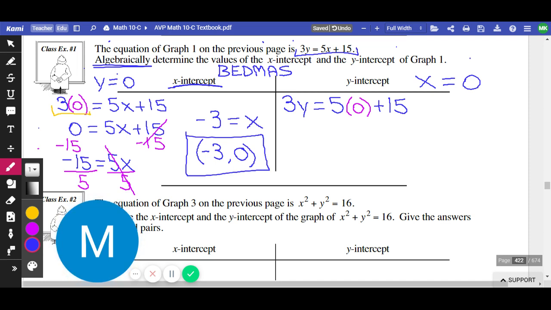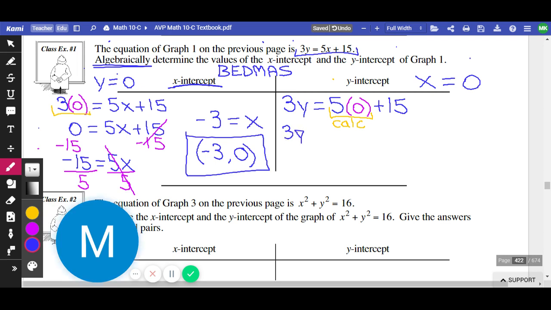Then I do any calculations I can now do. Because I just changed the letter to a number, there's probably some calculations I can do. In this case, there's a couple. So I'm going to do this calculation first. I'm going to figure out what 5 times 0 is. 5 times 0 is 0.